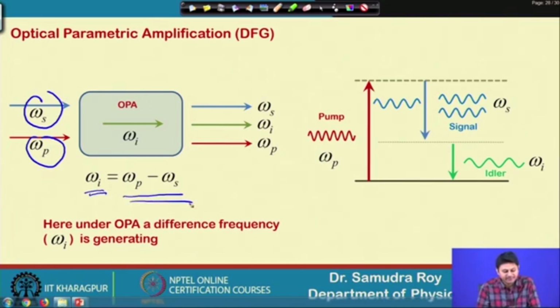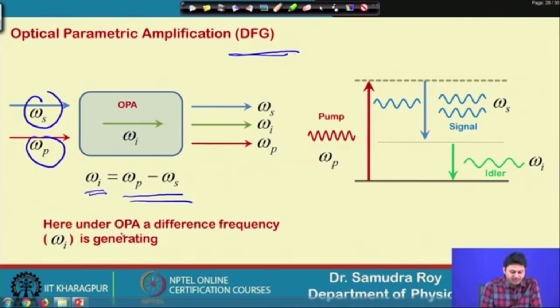Since it is the difference between omega p and omega s, this is nothing but difference frequency generation. But how is the difference frequency field going to amplify, and how is the original signal that was there in the input going to amplify? We are going to study these things in this particular lecture.